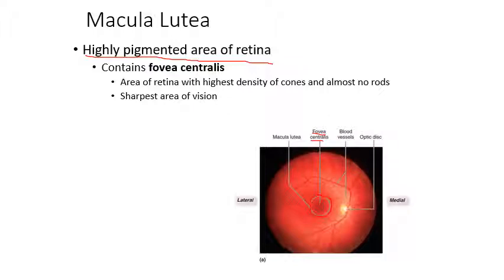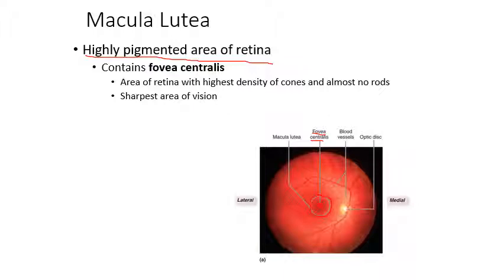Okay, we got this little dot here. Okay, and this is where your eye muscles work to make sure that the light is focused here, your refraction is focused here, and then your iris, okay, regulates the amount of light coming in, so we get a nice focus at this fovea centralis.